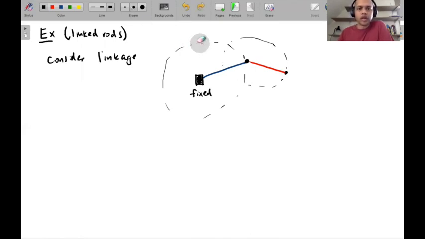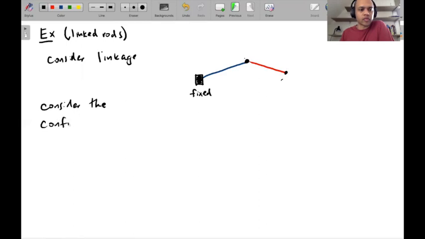So this is the linkage, and so I want to consider the configuration space. So let me call it X.